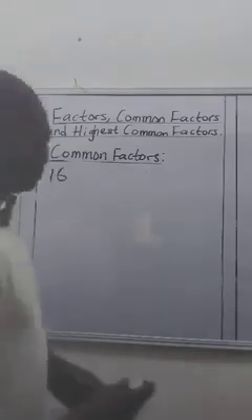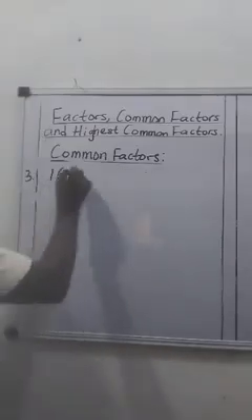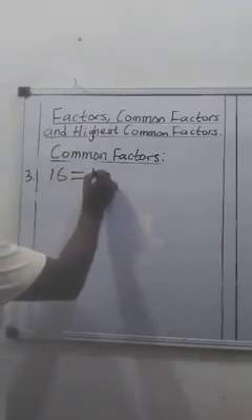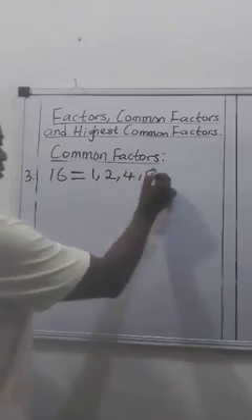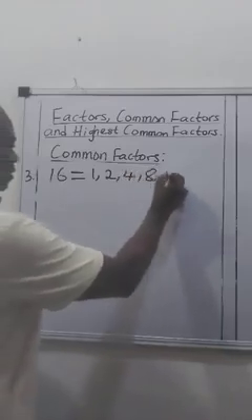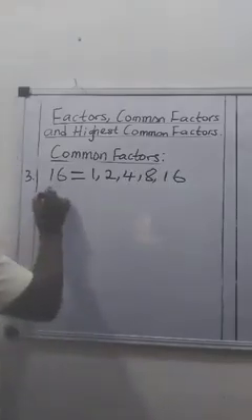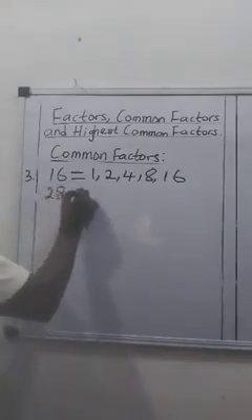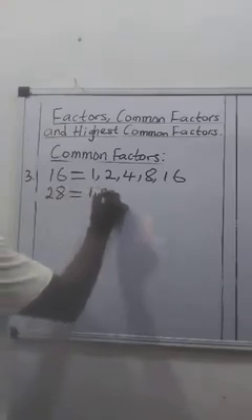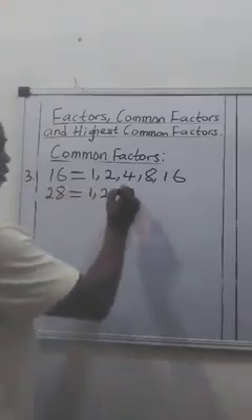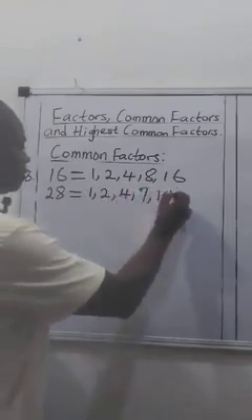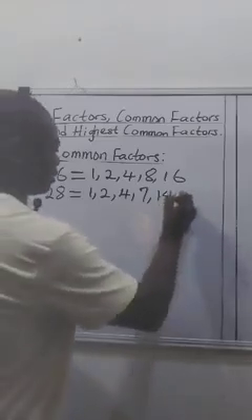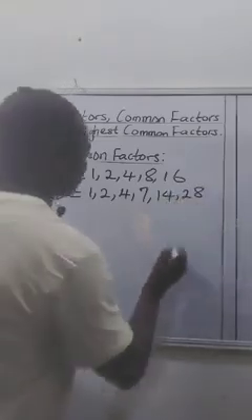So, example number 3, 16. What are the factors of 16? We have 1, 2, 4, 8, then 16 itself. What about 28? We have 1, 2, 4, 7, 14, and 28 itself.